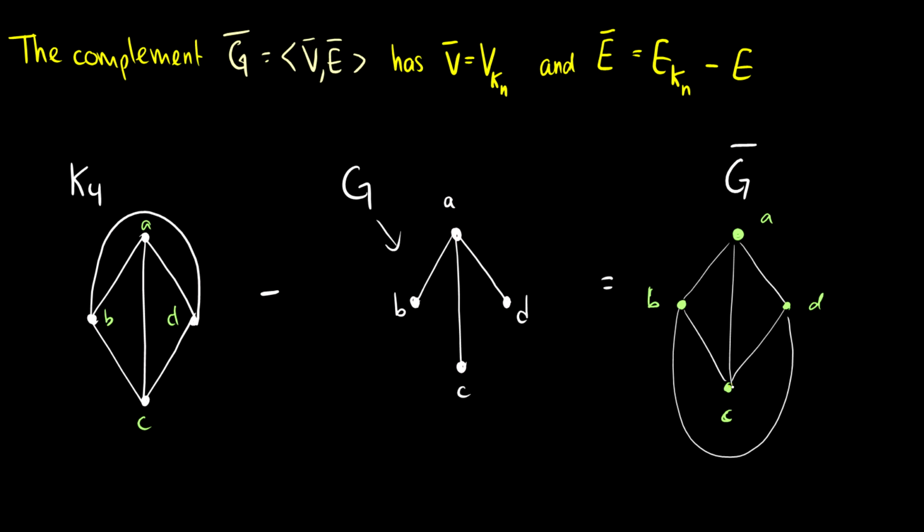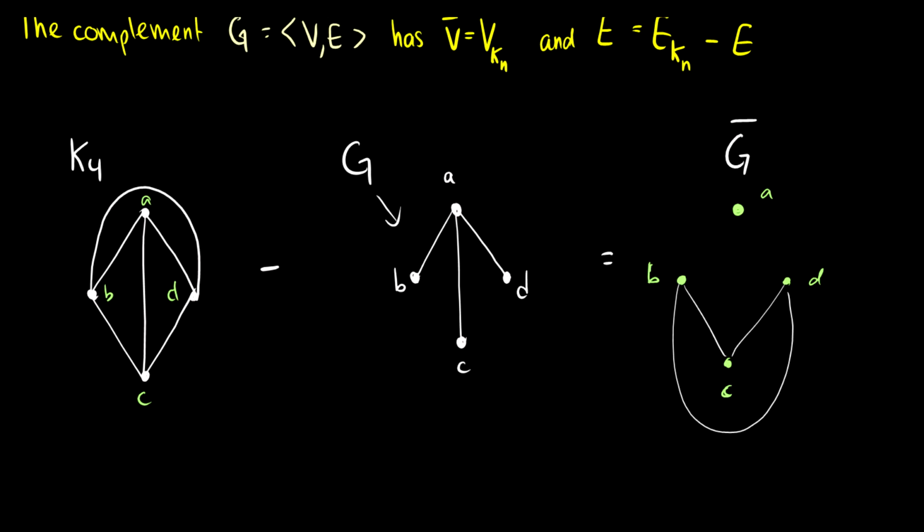It should have looked like this. Okay, so we remove the edge between A and B, we remove the edge between A and C, and we remove the edge between A and D. So now this is the complementary graph of G. Basically, all the edges it didn't have, that it could possibly have, it now has.